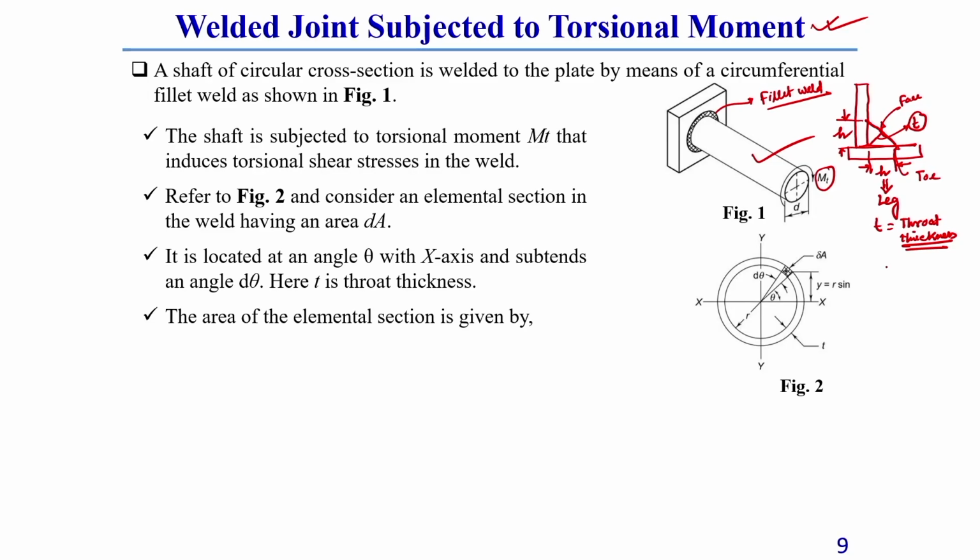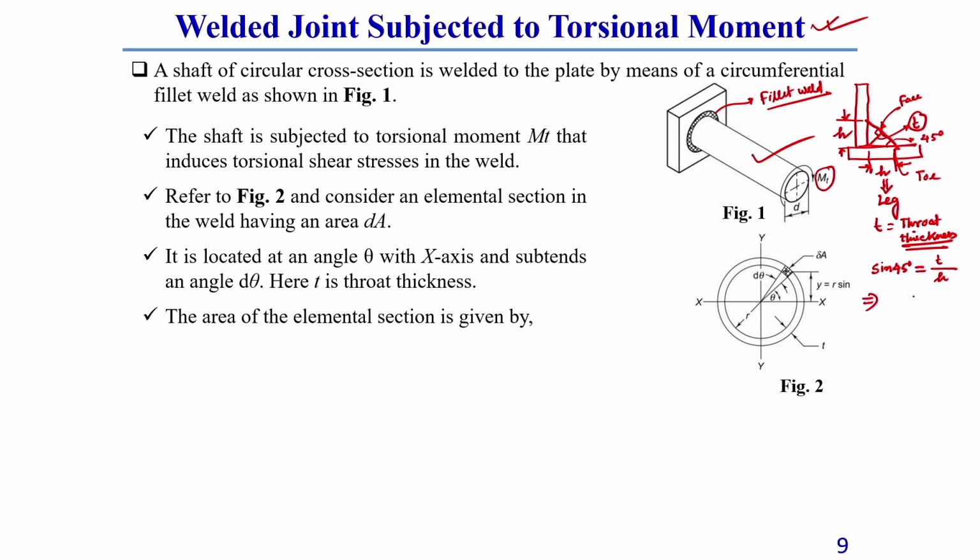Now, the relationship between throat thickness and leg length a, where both legs are the same, so this angle will be 45 degrees. If you take sin 45 degrees, you can write it as T, the perpendicular, divided by the hypotenuse, which is a.